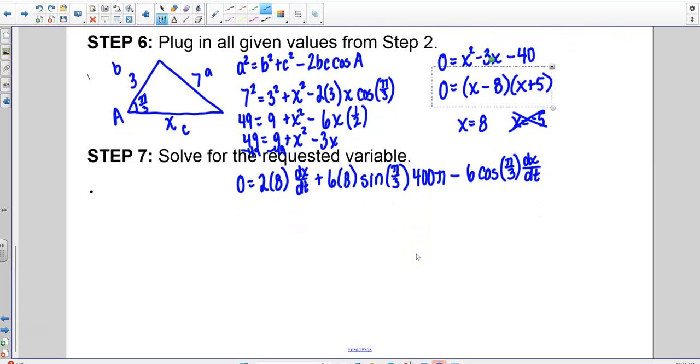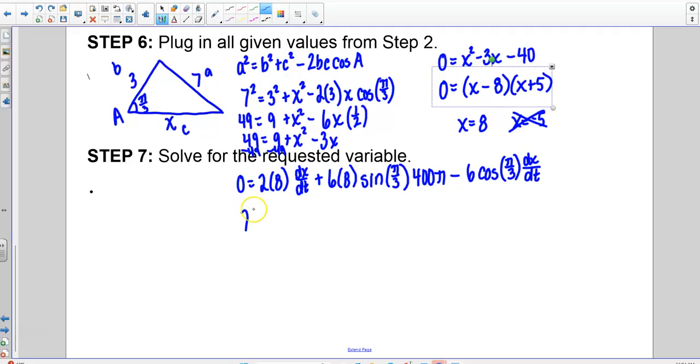Okay, at this point, believe it or not, this is a linear equation. It's theoretically an equation that a Math 1 kid could solve with a calculator, obviously. It's just a matter of getting the dx dt's together and getting that by itself, right?